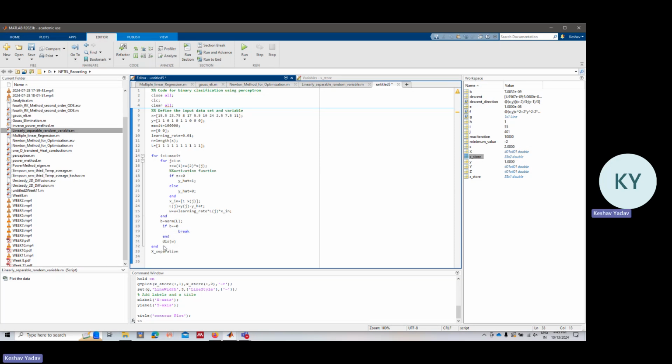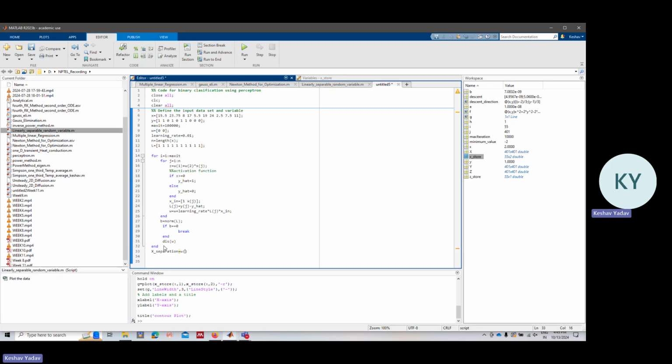Then I need to show the decision boundary. The decision boundary will be what? W1 x plus W0 at y equal to 0.